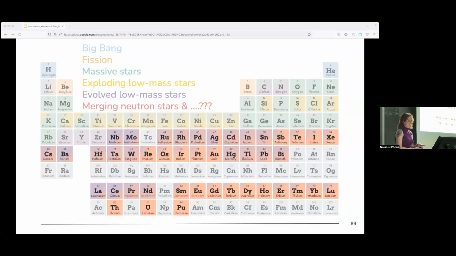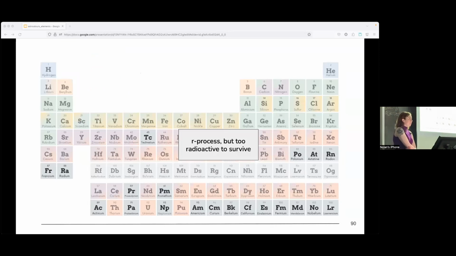And these are the last stable elements that we can make. Everything else that's grayed out is too radioactive to survive. It doesn't have any stable isotopes, certainly none that could be made by stars. And some of these that are grayed out can be made during the R process, and they just don't live. They're made sort of as a byproduct, and they just decay into the other stuff that we actually see.